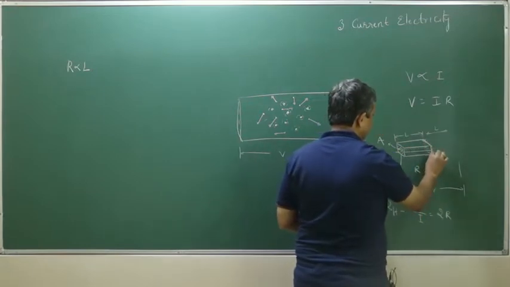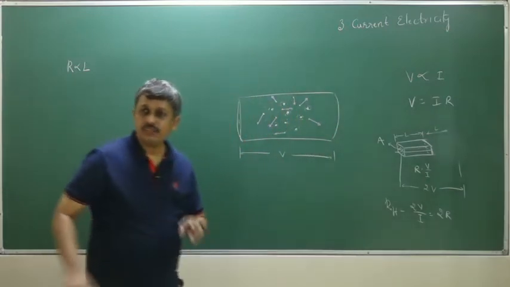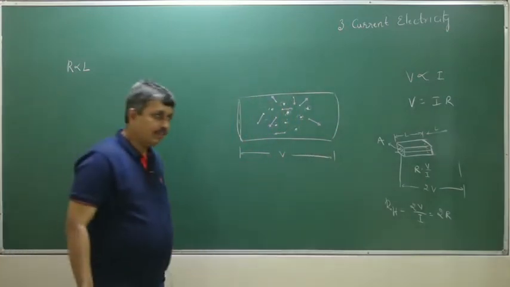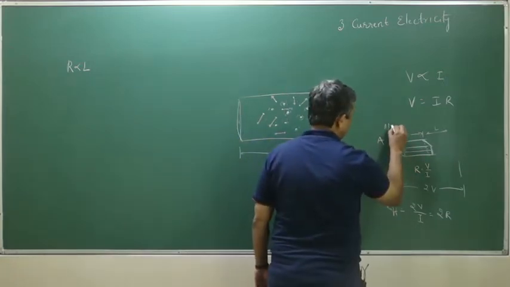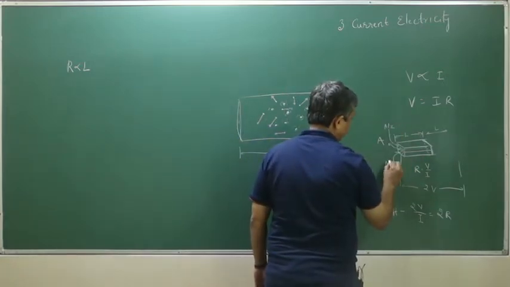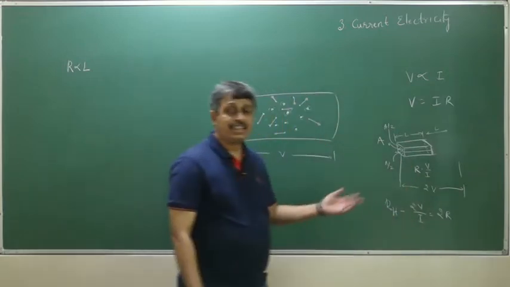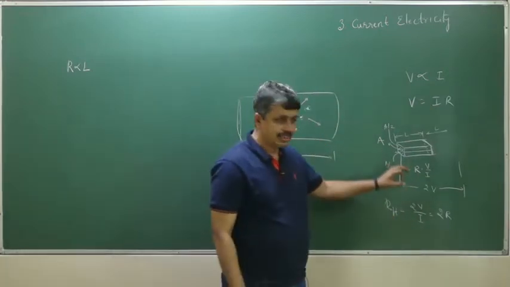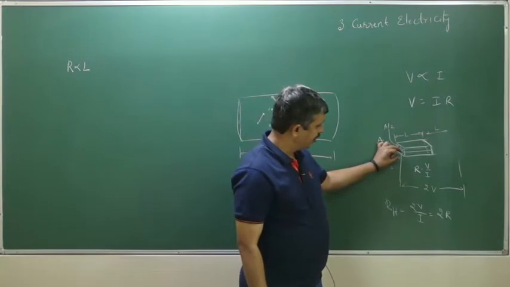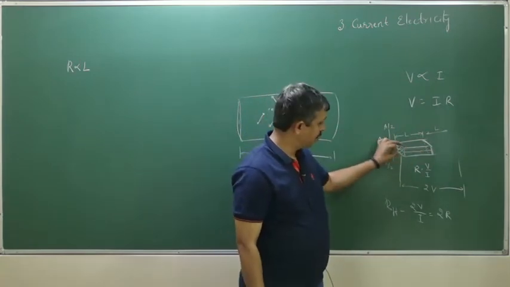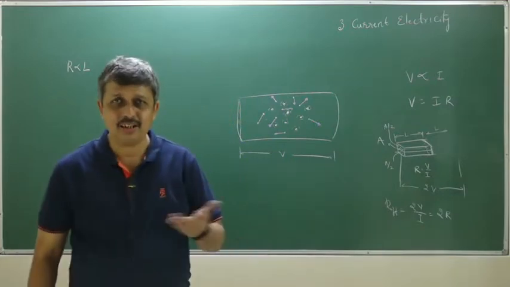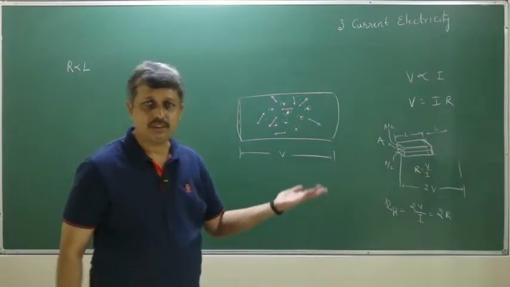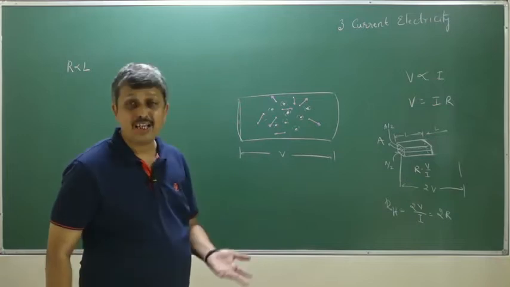When I cut this halfway, I have A by 2 here and A by 2 down. Now on an average the number of carriers, the number of electrons here, are equal, and you are cutting the same copper into half. Okay. So the current becomes I by 2.